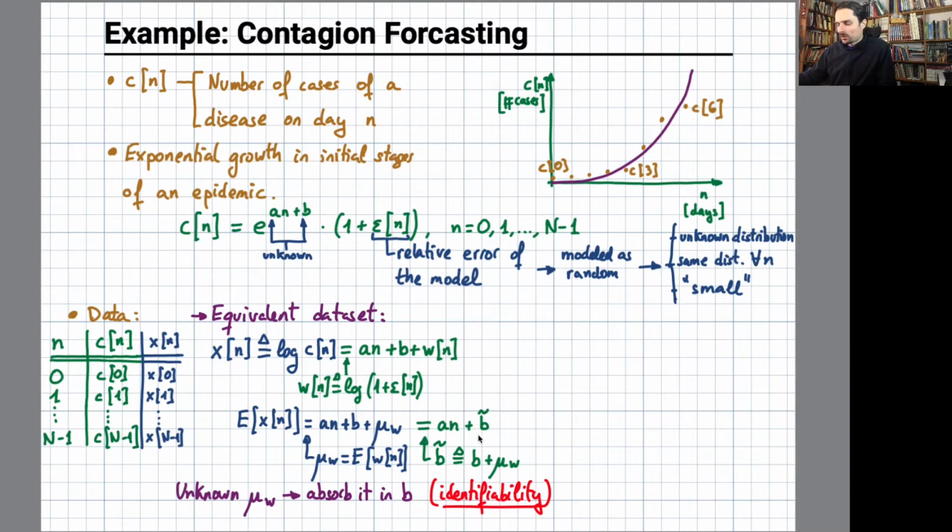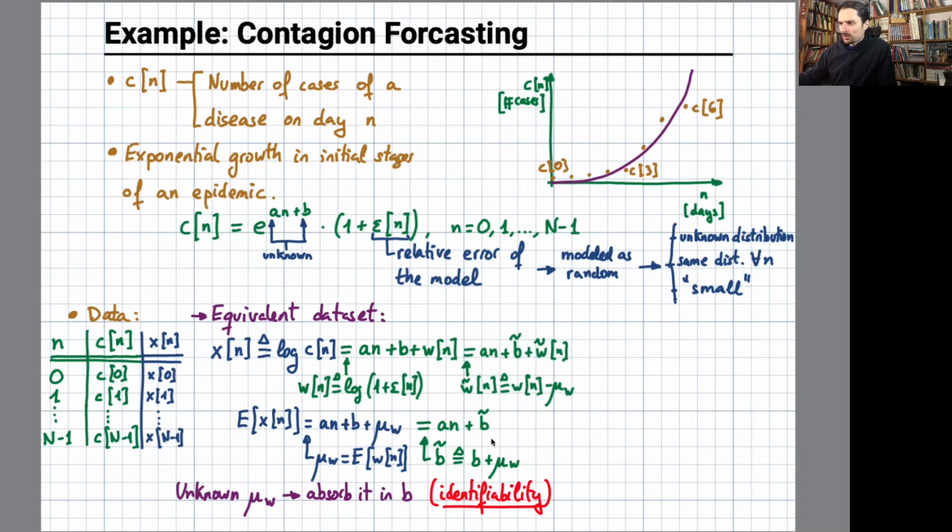So we will be estimating b tilde, because there's no possible way of estimating b and mu w. There would be another possibility, which would be to assume that the mean of w is 0, but it doesn't sound like necessarily a realistic assumption. Okay, so let's just go through this path.